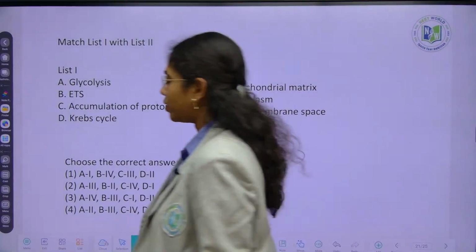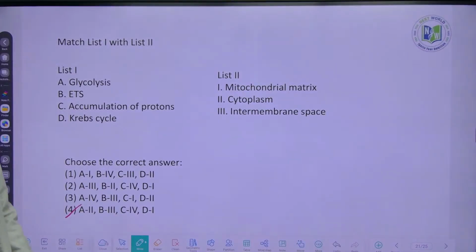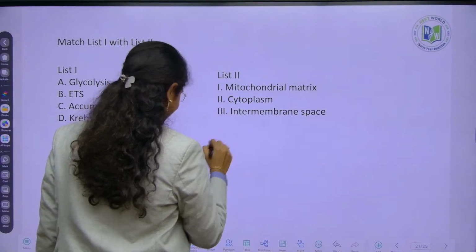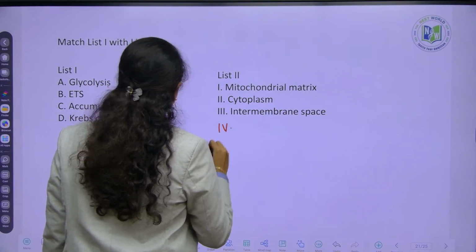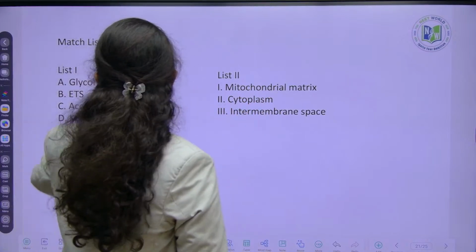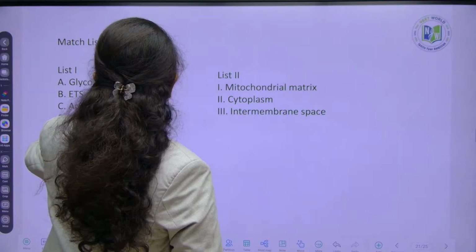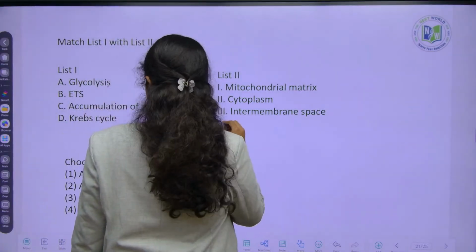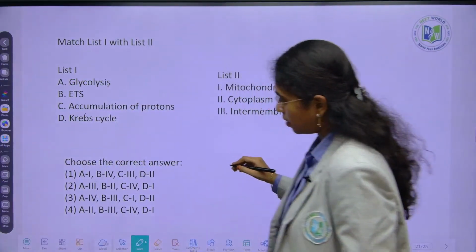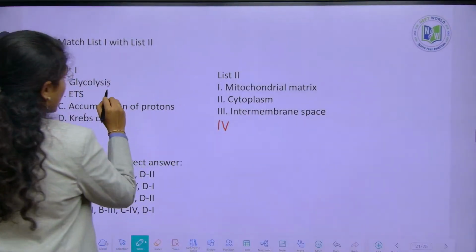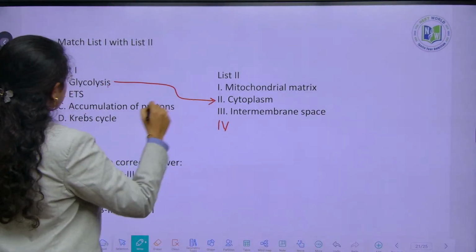Four. Good, Sangeeta. We'll see. Glycolysis. Cytoplasm is given, right? Just a second. See, glycolysis happens where? Inside the cytoplasm.